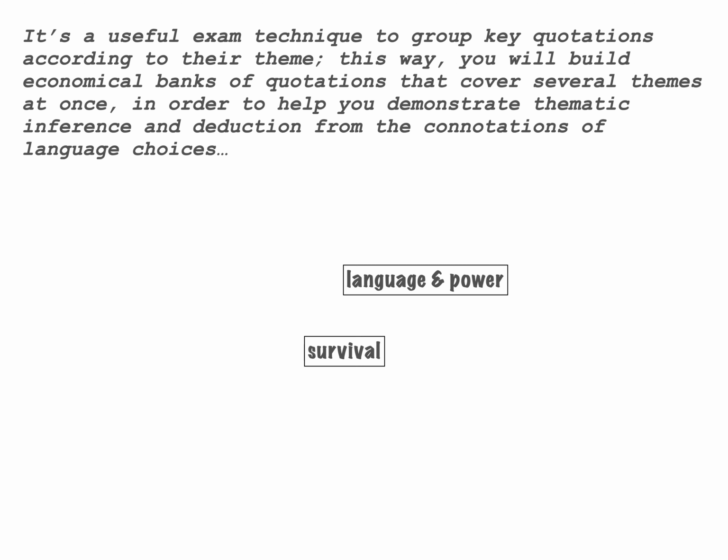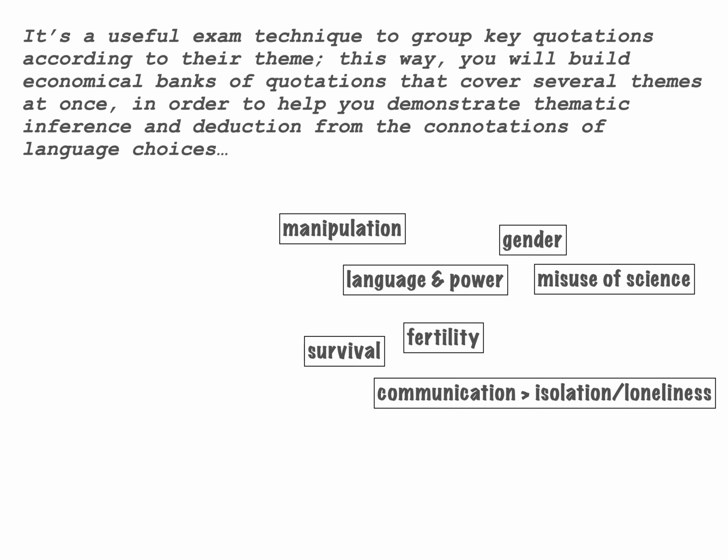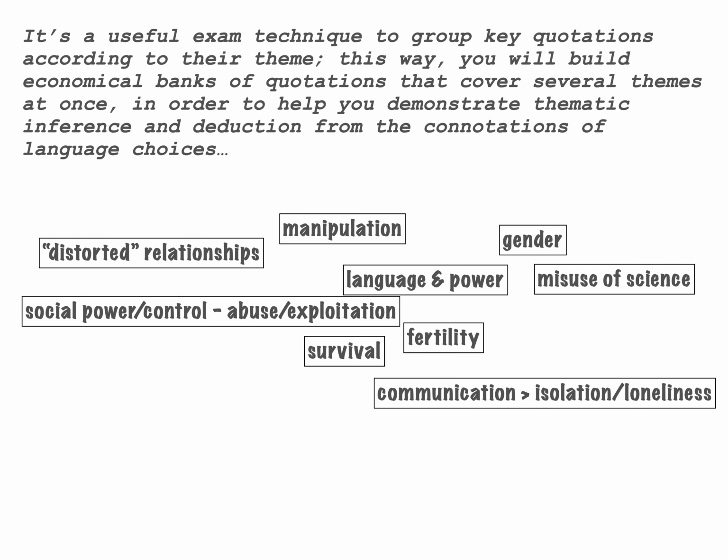How do both of the writers show manipulation, communication and isolation? How do both novels compare how both of the writers convey the misuse of science, relate to relevant contexts? Gender, fertility, distorted relationships, social power and control, class and hierarchy.